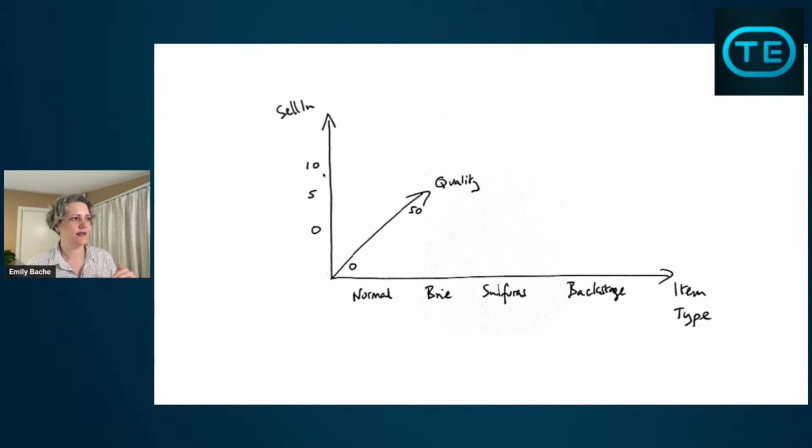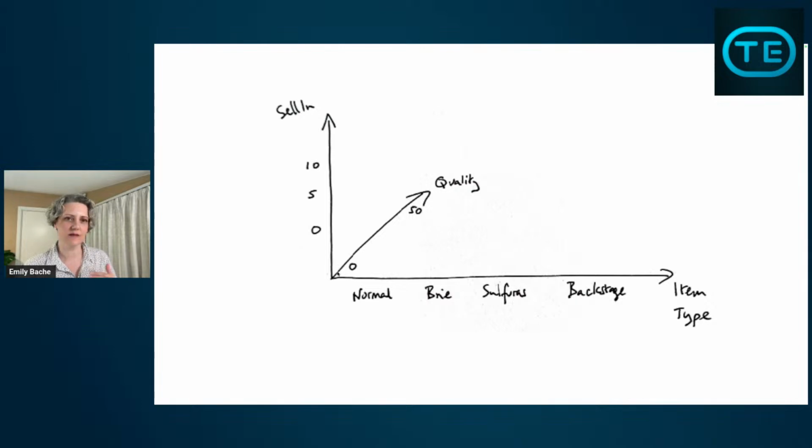And then on the y-axis, the other thing that affects the result is, well, how long is it left until the sell-in expires? 10 days, 5 days, 0 days. These are interesting points where something different happens, whether it's before 10 or after 10 or before 5 or after. So I've just put in the important values.